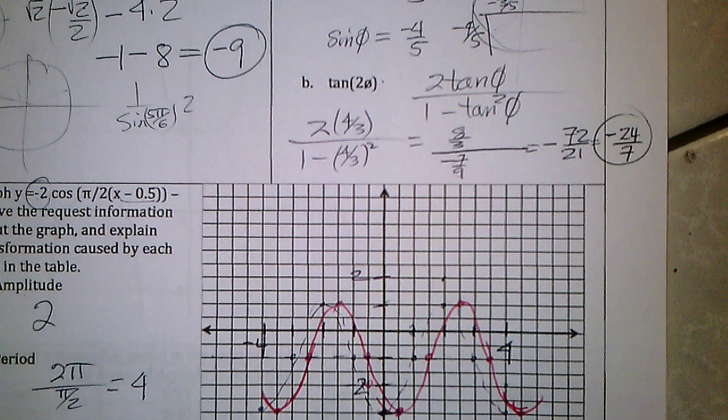The pi over 2, which is bigger than 1, makes it a compression.